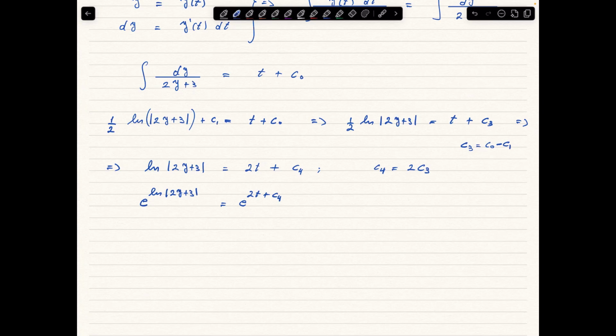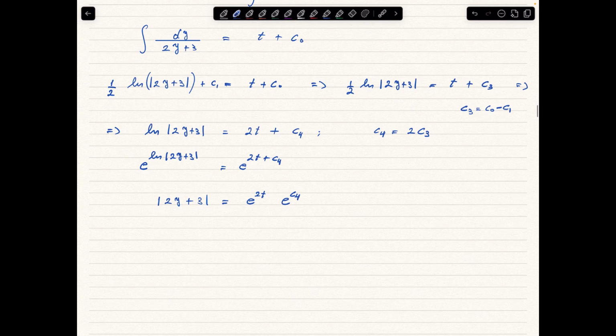Now we use the rule of the exponentials. On this side, this is just exponential of 2t times exponential of C4. On the other side, the exponential and the natural log cancel, and we have the absolute value of 2y plus 3.